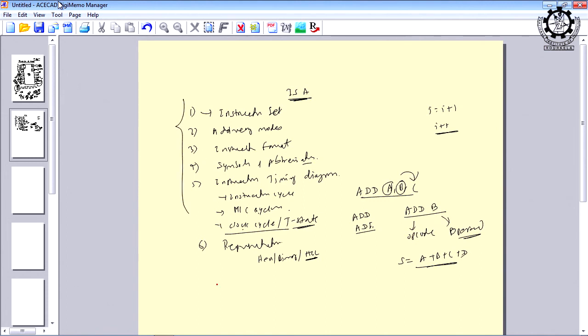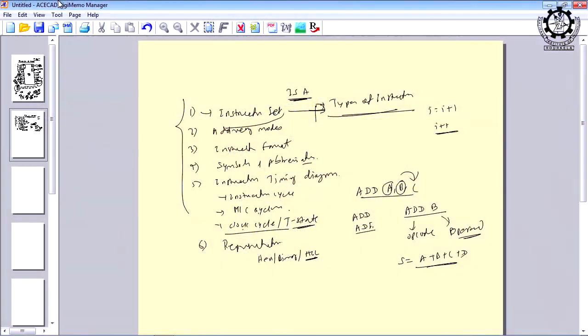Okay, one thing I left out in the instruction set, you can write types of instructions. Yes, under the instruction set you can write one more point, types of instructions like arithmetic group, logical group, data transfer group. We can classify the different types of instructions supported by the instruction set. Then all types of addressing modes, instruction format, and if everything is clear to you, then we can directly write a program using 8085 assembly language.